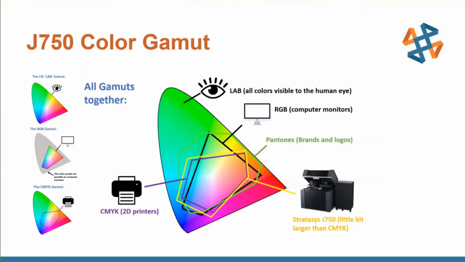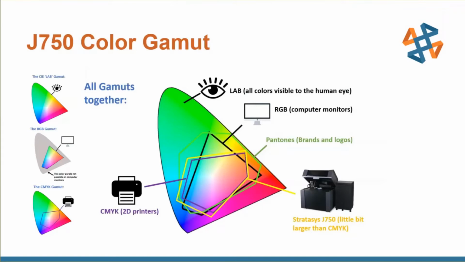There's also the CMYK gamut, that's what 2D printers use, and it has its range of capable colors associated with it. And then there's also Pantone, which is designer colors, a very popular guide or category of colors.